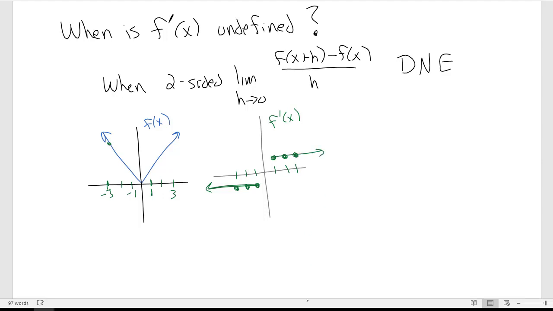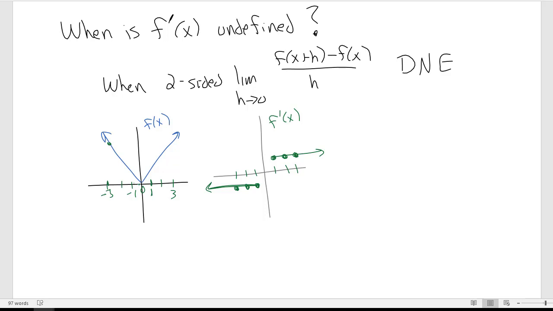So I'm looking at this graph. Now, here's the question, right? What happens as we approach the origin? Well, if you think about this for a moment, let's see if I can sort of animate this with my pen. I'm going from x equals negative 0.9, negative 0.8, negative 0.5, negative 0.1, negative 0.01, negative 0.001, negative 0.0000001.